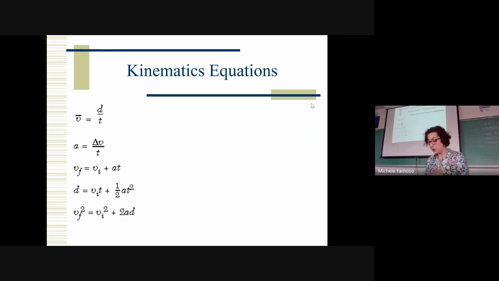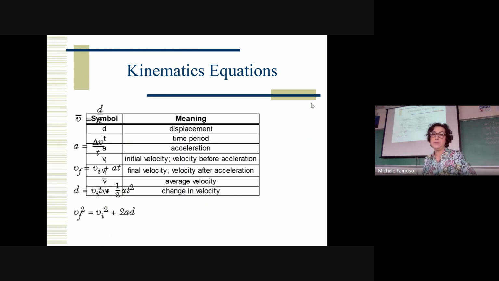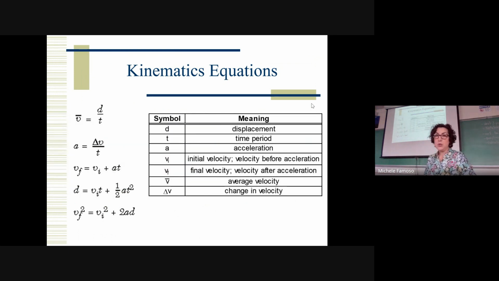Now let's go through and make sure we have all of these checked off in the right-hand column of our reference table. So remember that D will stand for either a displacement or a distance measured in meters. T will represent the amount of time in the question, the time period measured in seconds.